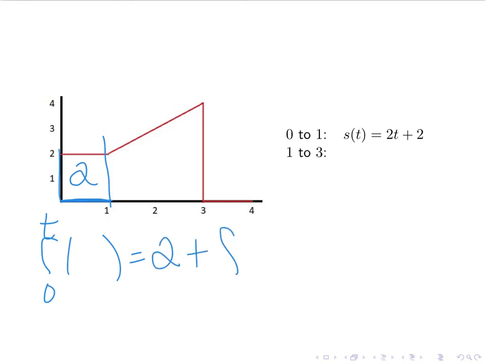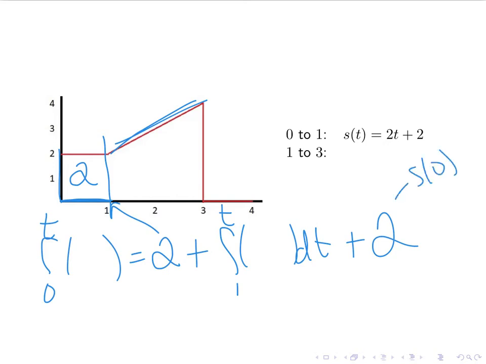We're going to add to that the integral from 1 to t of this function, which I'll get to in a second. And then we're also still adding on that S of 0. So I've got a 2 from the area from 0 to 1, and then my S of 0, 2 over here.